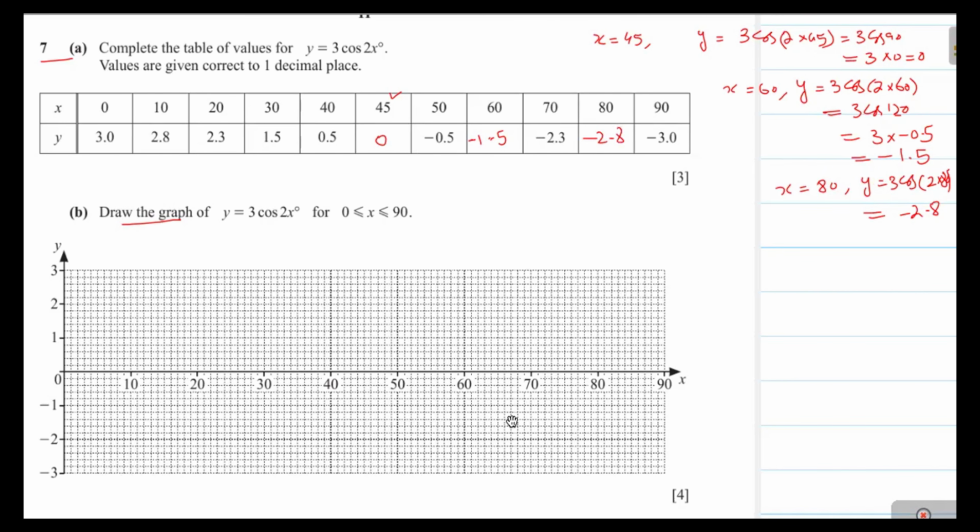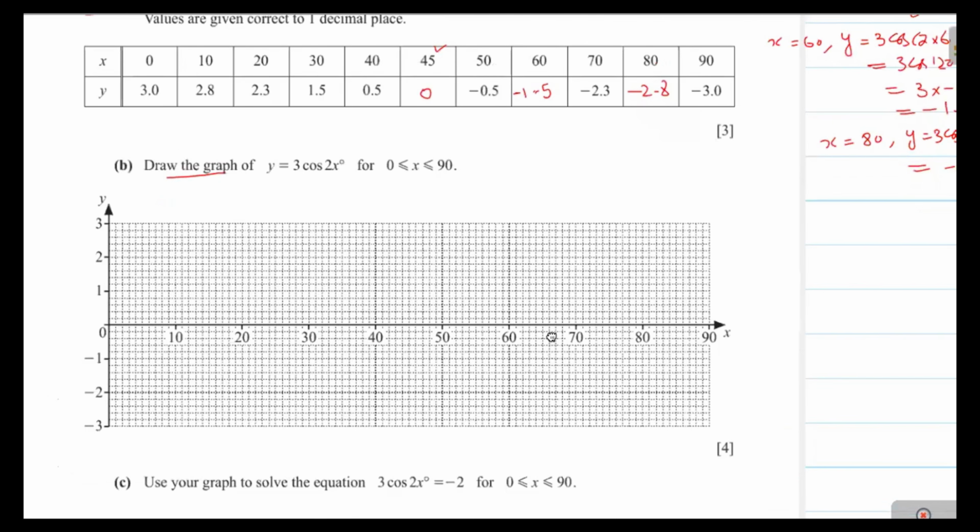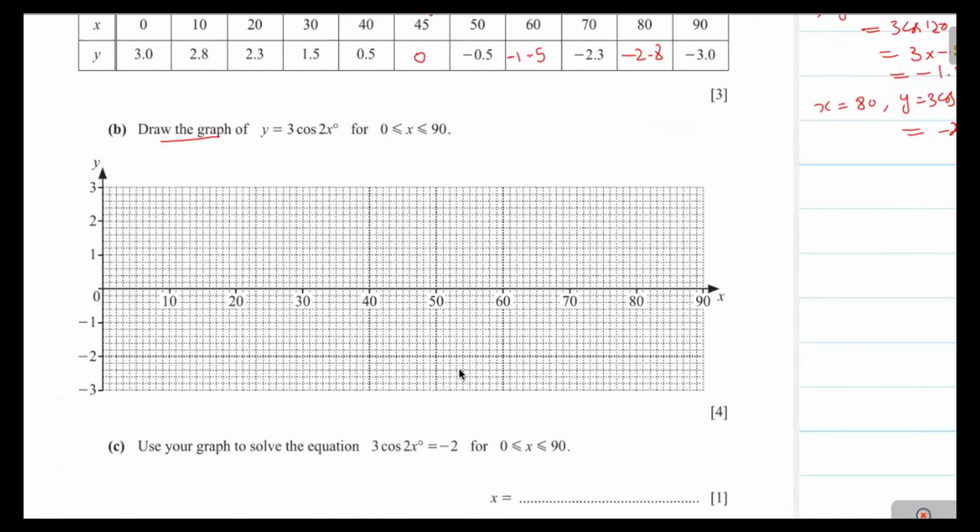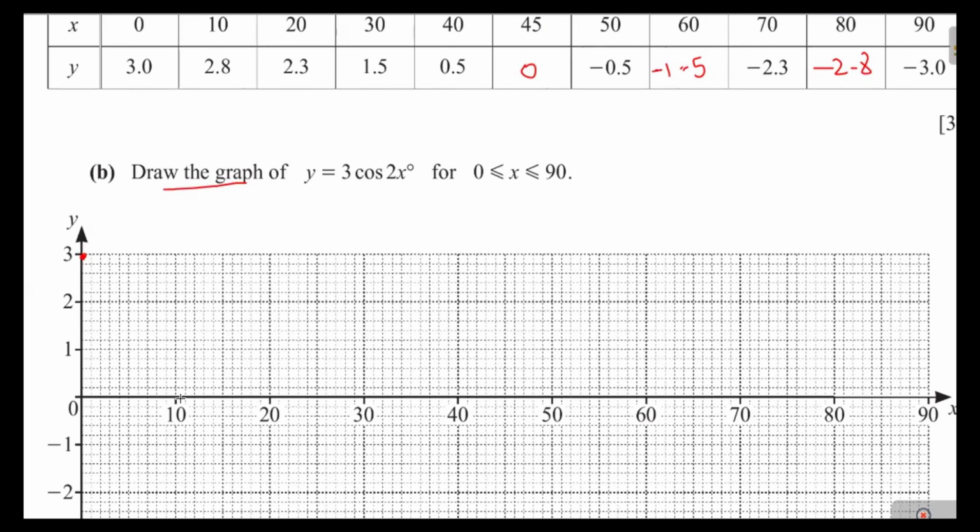Now next we have to mark the values in this graph. Here x is 0, y is 3. When x is 10, y is 2.8. This is the position of 2.8 because one small square represents 0.2 unit.